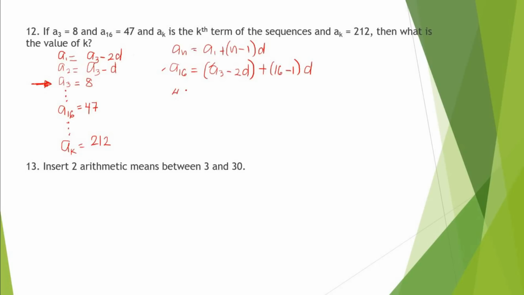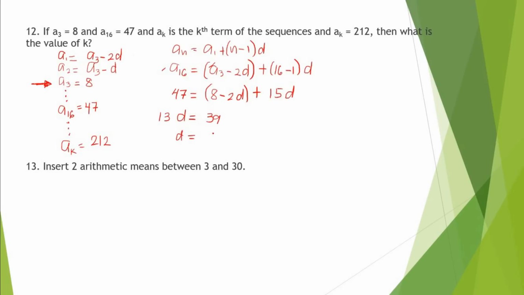So this is 47 is equal to 8 minus 2D plus 15D. Solving for D, 15D minus 2D, we have 13D. 13D is equal to 47 minus 8, which equals 39.